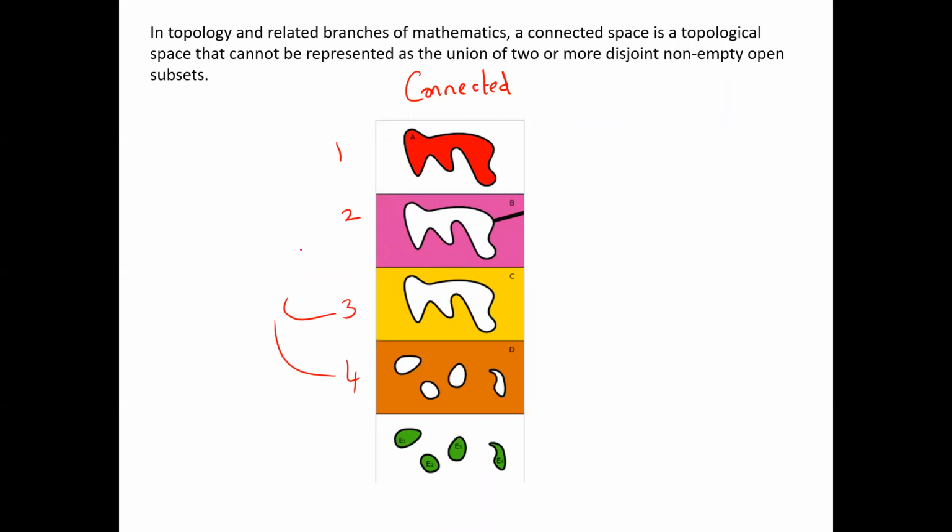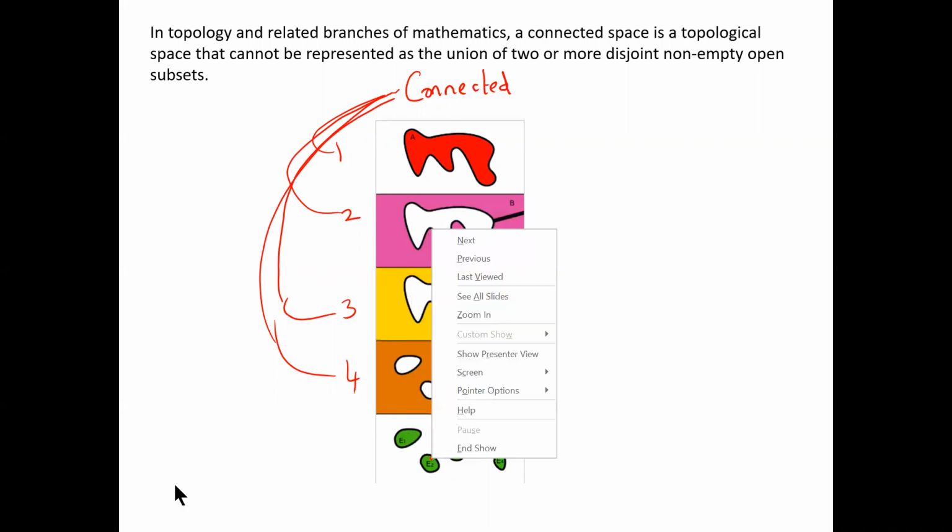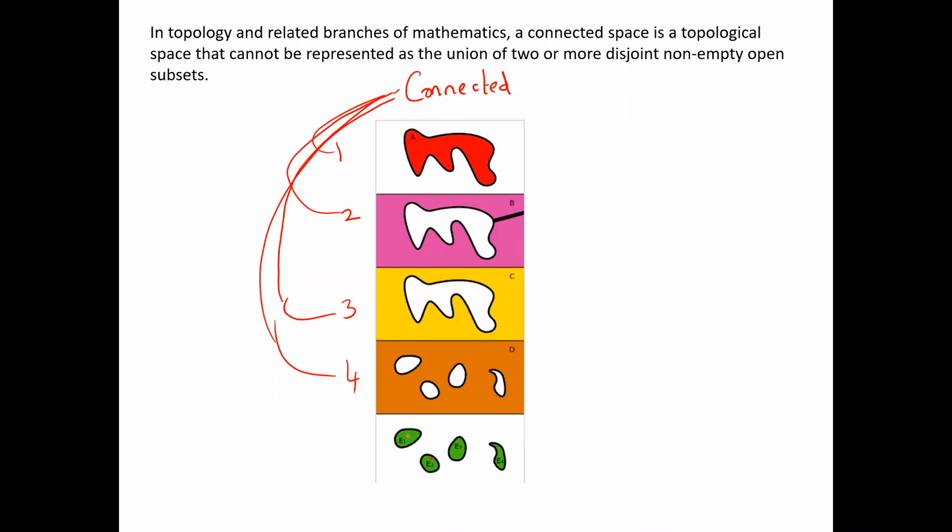But the last case is an example of a space that is not connected. If I take a point here and a point here, now there is no way to connect these 2 points.